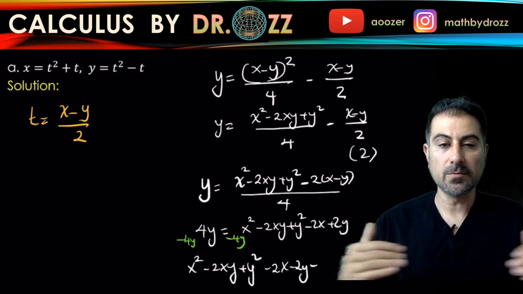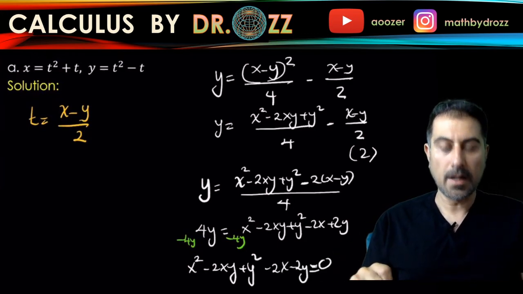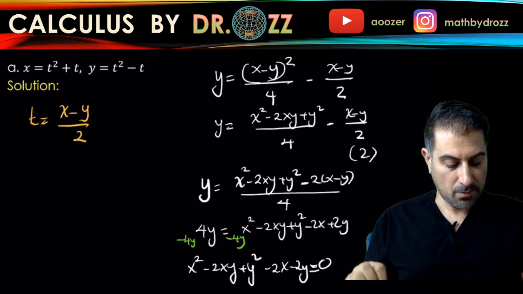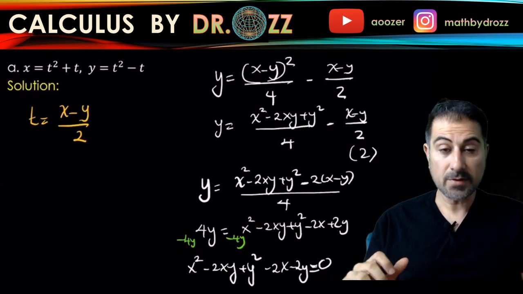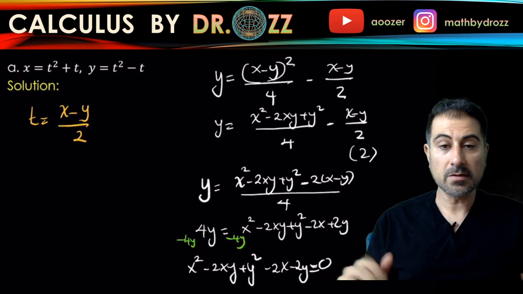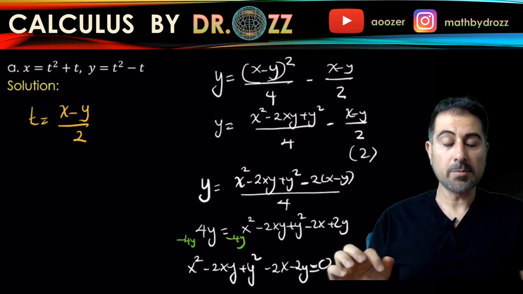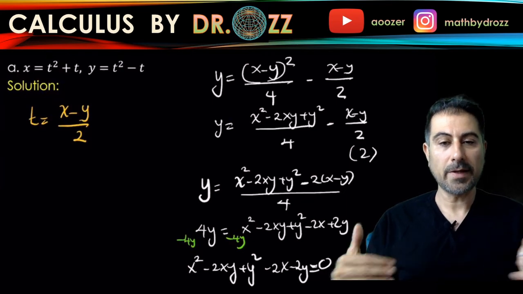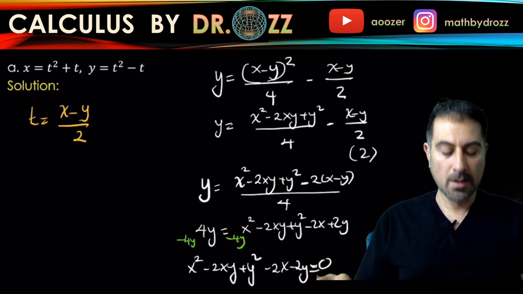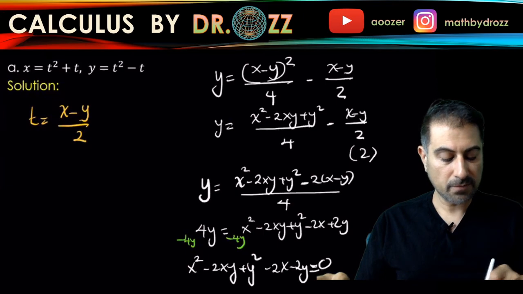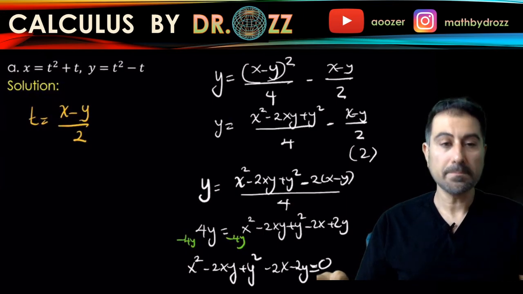This is the full representation of the graph. This is the full equation. Go ahead and check if this is a parabola, a hyperbola, an ellipse, or a circle, depending on the properties of this quadratic form in both x and y.